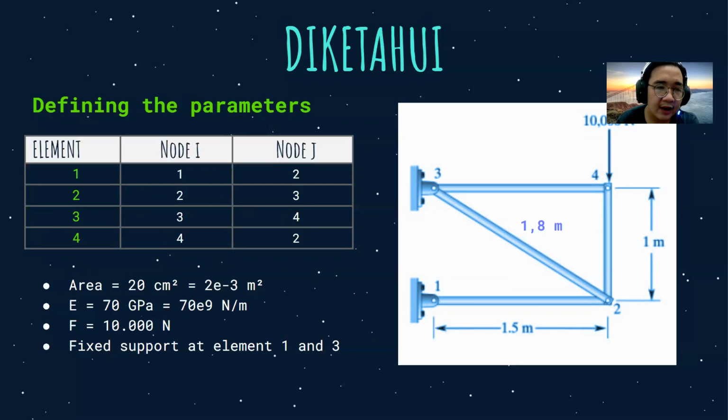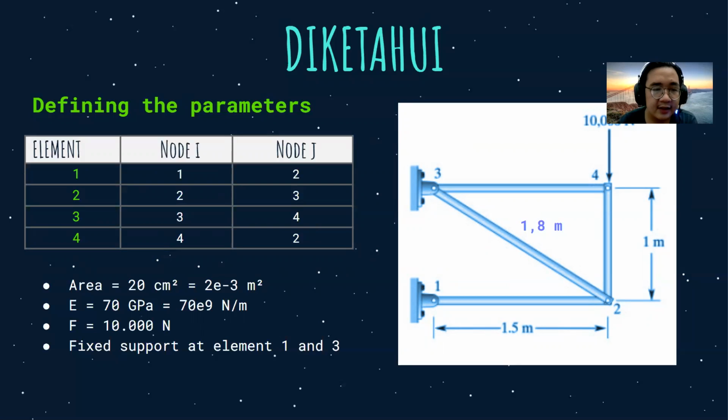Each element has two nodes, node I and node J. As you can see, element 1 has node I1 and node J2, element 2 has node I2 and node J3, element 3 has node I3 and node J4, and element 4 has node I4 and node J2.